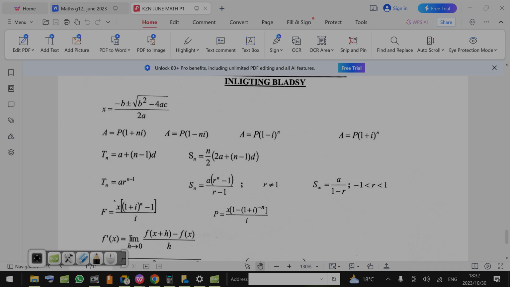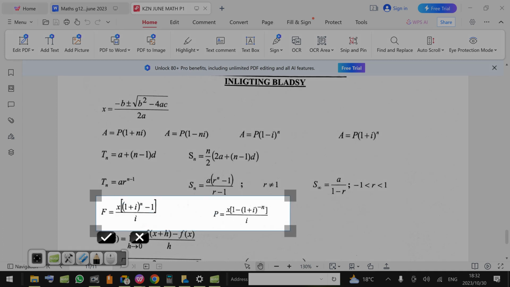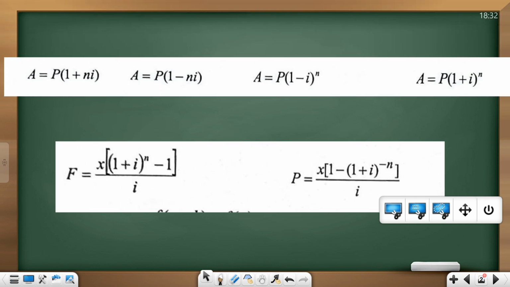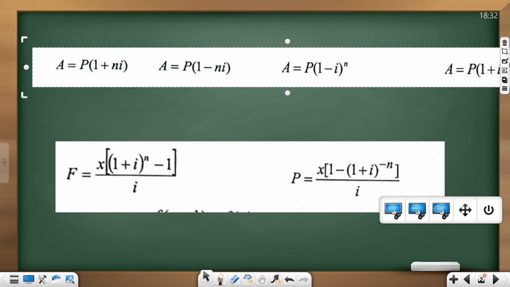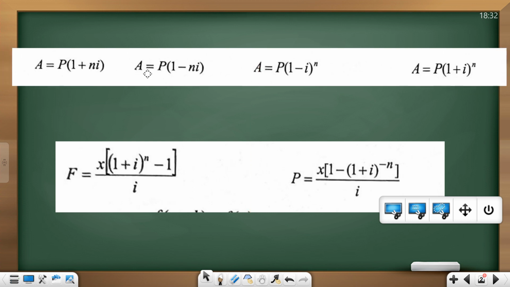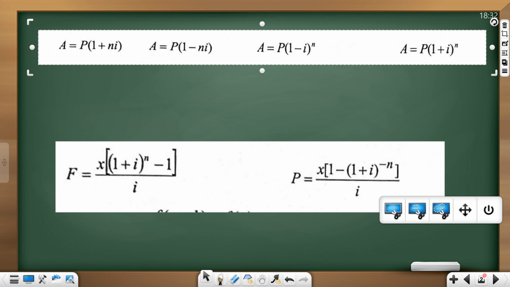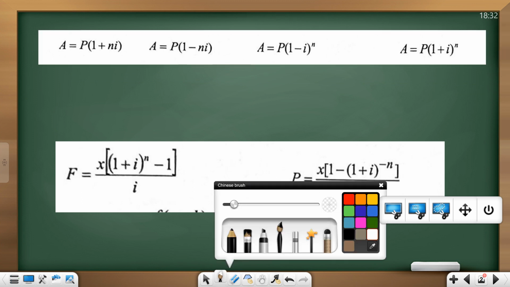Then we have these 2. Okay, guys, quickly, we're going to run through them. I'll tell you when to use each one and the words you should be looking for. The first one, simple interest.